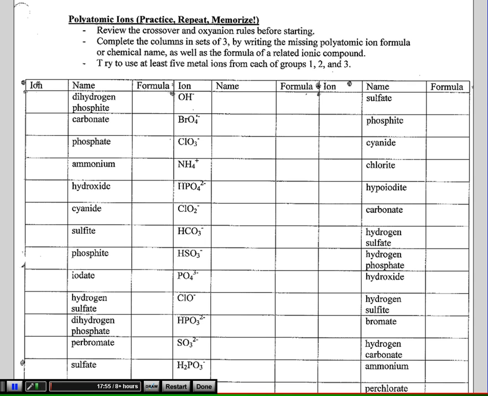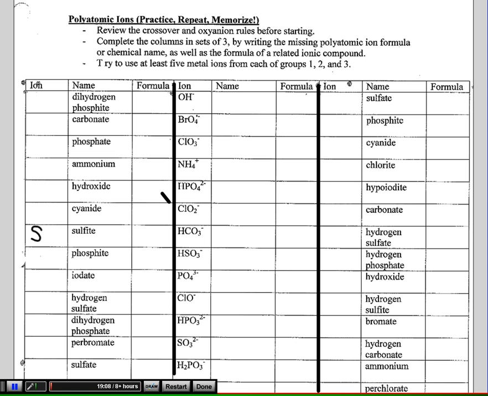In this activity, the challenge is to give the chemical formula, provide the name, and also give a formula that the ion may be found in.